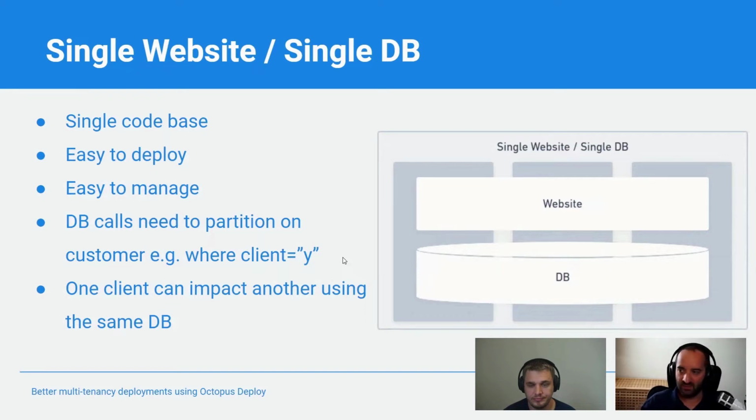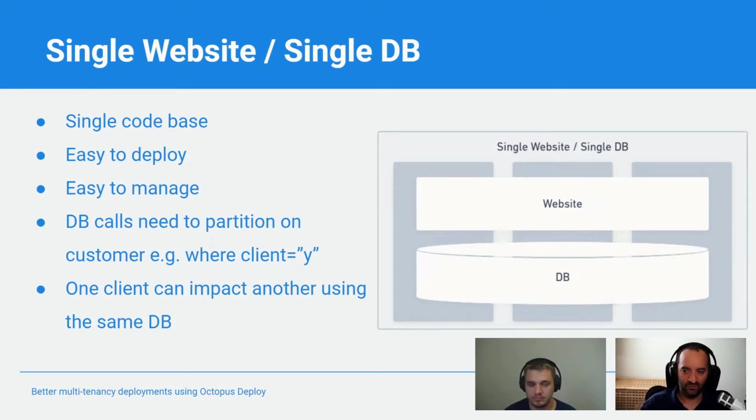Every table in the database identifies the customer, usually using a customer ID column, and every query has something like where client equals Y, or customer ID or client ID equals the logged in customer ID attached to it. I think for me, with the code-based multi-tenancy model here, the risk for cross-tenant communication is really high.